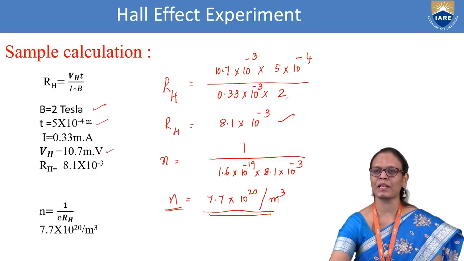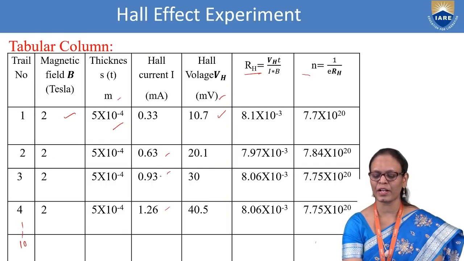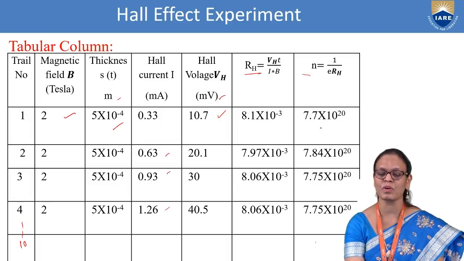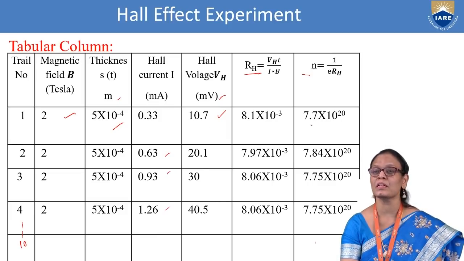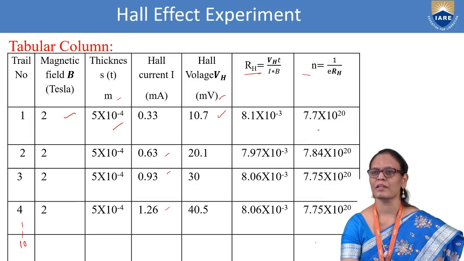As you repeat the experiment for different currents, the value of RH and the value of N are approximately the same because the sample is the same. The only thing is you are varying the current and noting down the voltage. A slight difference is acceptable. We call it experimental error or random error, but we get the values.